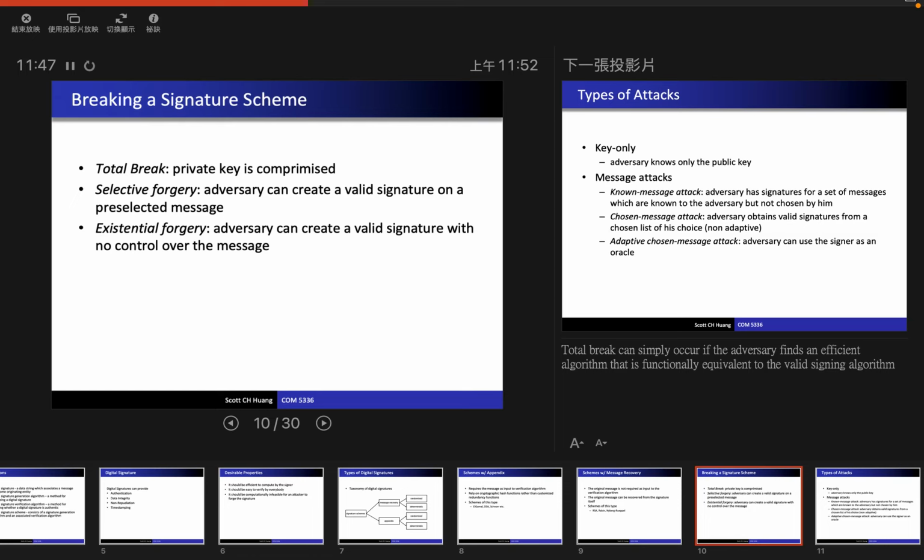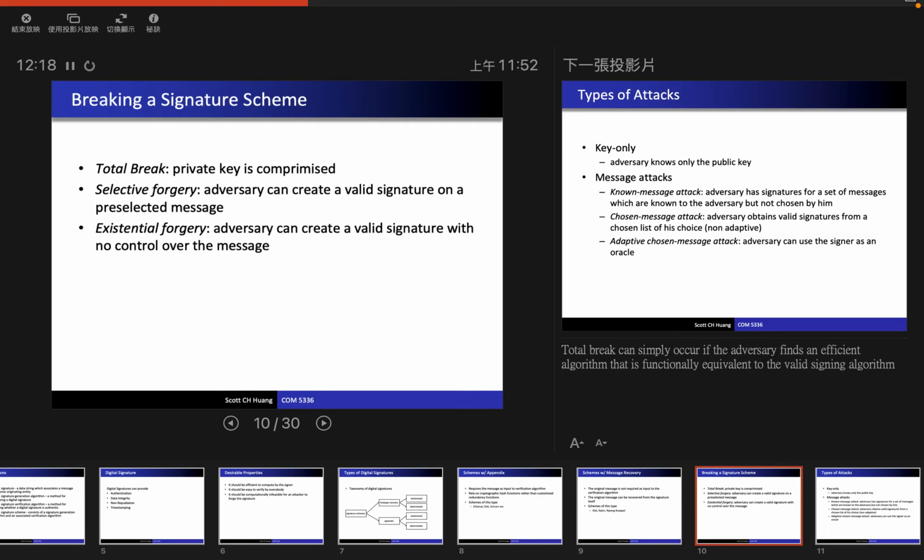Forgery is when you can forge a message with a valid signature. It depends on whether you have control over the message or not.